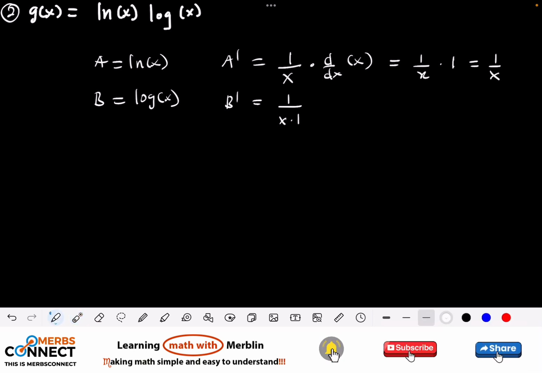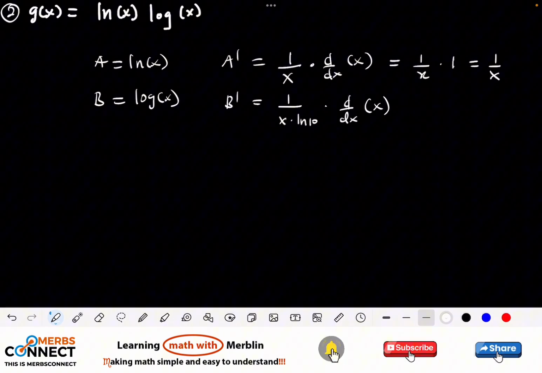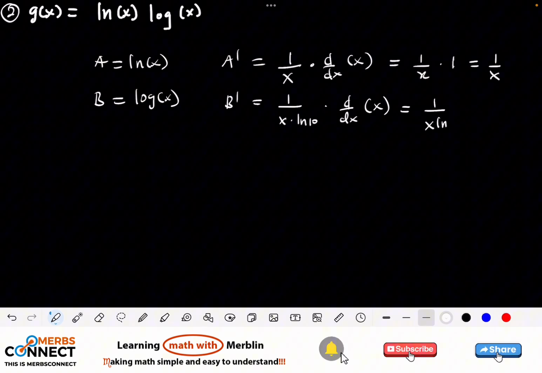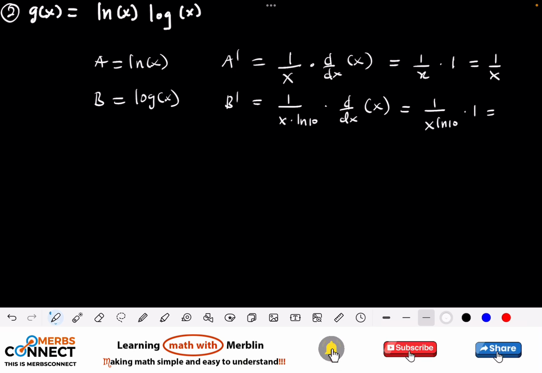So this one is going to be ln of 10 times the derivative of what is inside the parenthesis. So this is going to give us 1 divided by x ln 10 times 1, which is the same as 1 divided by x ln 10. So what is the difference here? The only difference between this and this is that now we multiply this one by ln of the base of the log here.